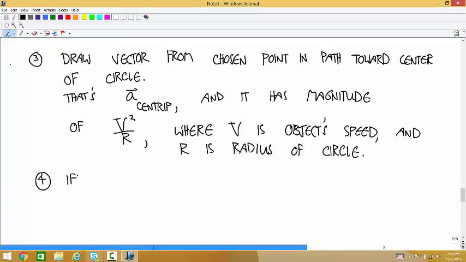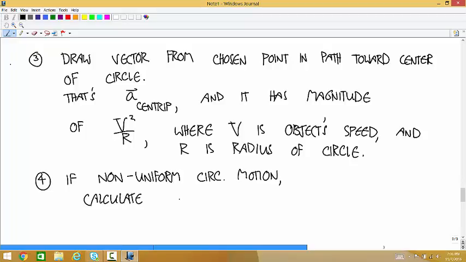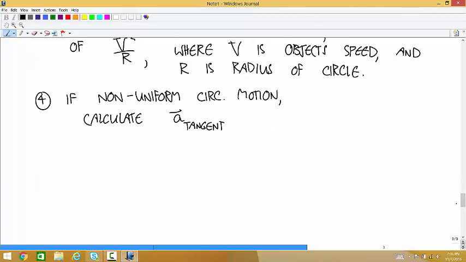For non-uniform circular motion, calculate the tangential acceleration, a tangent. Almost done.